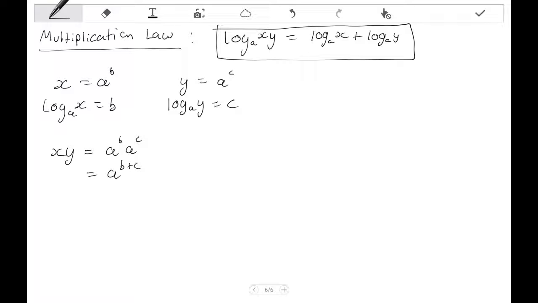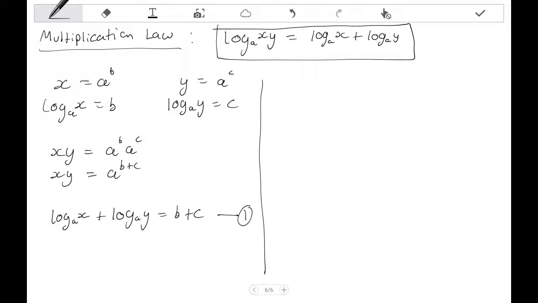Now what we're going to do is add the two logs together. So we're going to have that log of x add log of y is equal to b add c. And I'm going to call that 1. Now what I'm going to do is rewrite xy equaling a to the power of b add c using our definition of a log again.